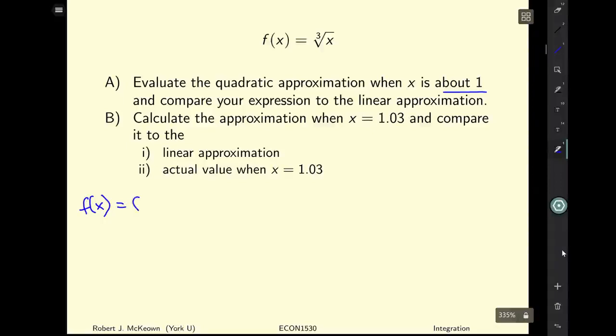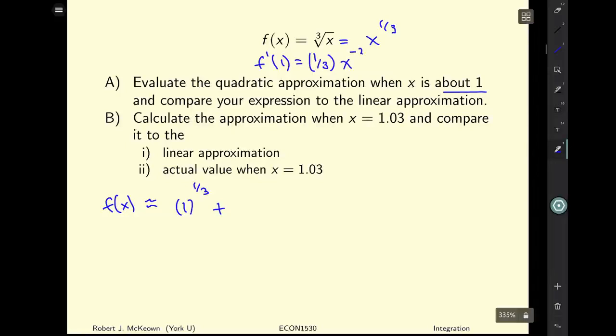So f of x is approximately equal to, I can write this as x to the 1/3, so 1 to the power of 1/3, plus, I need my derivative, so f prime of 1 is 1/3 x to the negative 2/3, which is equal to 1/3 times 1 to the negative 2/3, which is equal to 1/3.